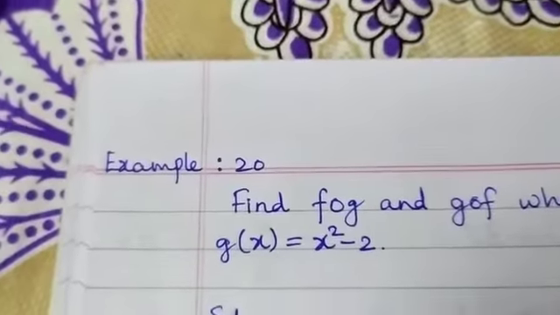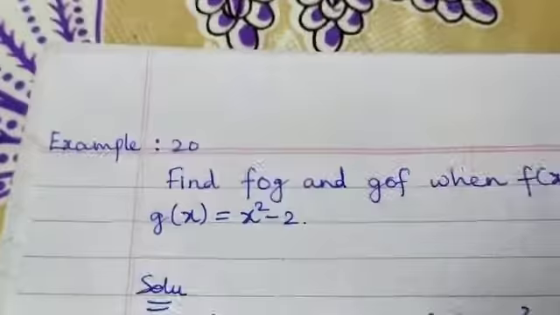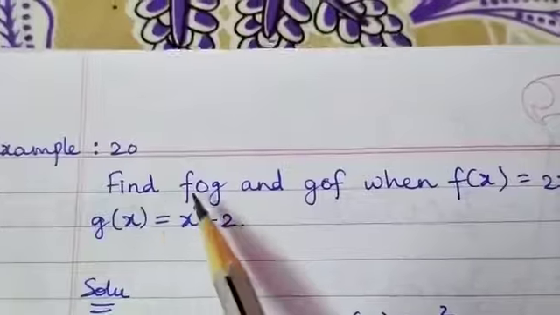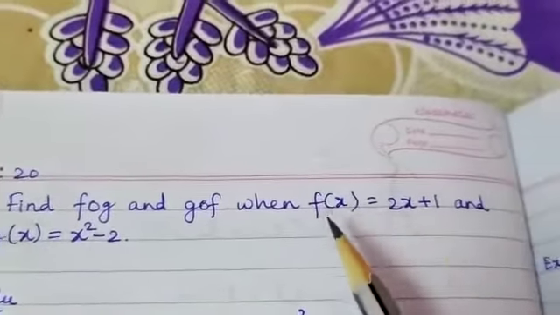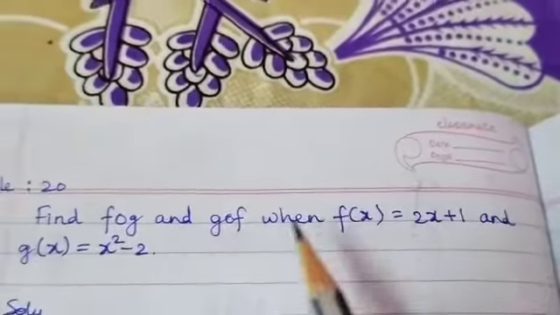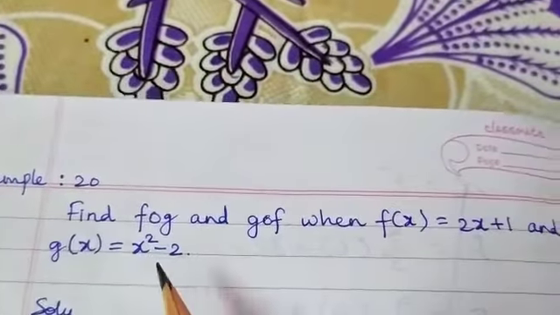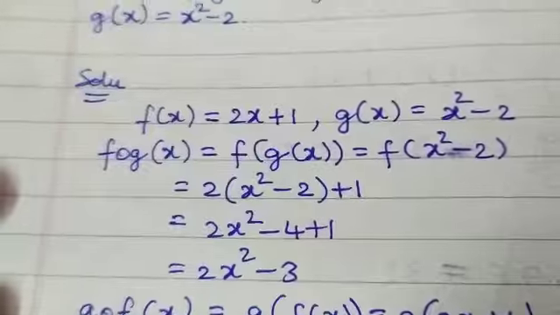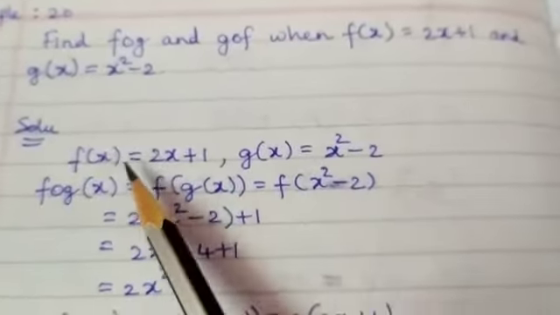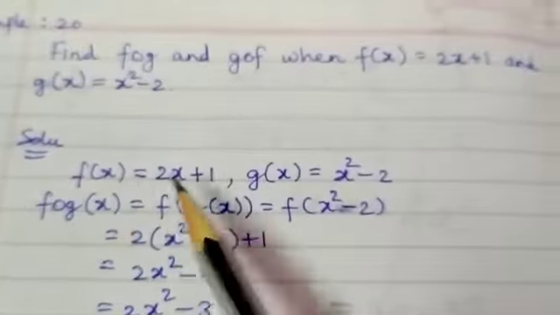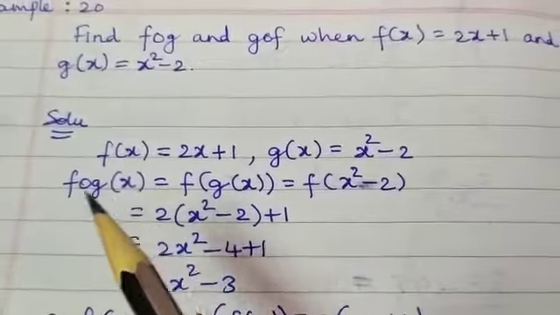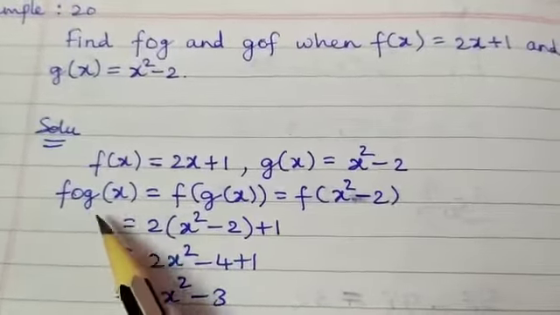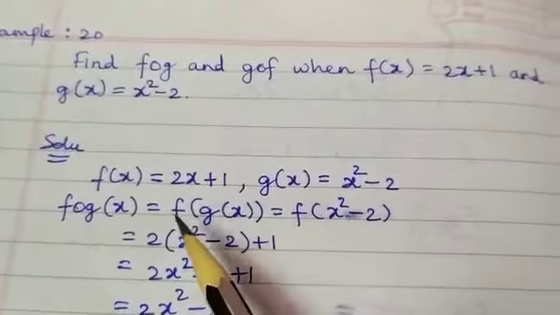So let me go to the 20th example. Find f∘g and g∘f when f of x is given as 2x plus 1 and g of x is given as x square minus 2. In our solution, it is already given that f of x is 2x plus 1 and g of x is x square minus 2. Now I am finding f∘g of x, that is equal to f of g of x.